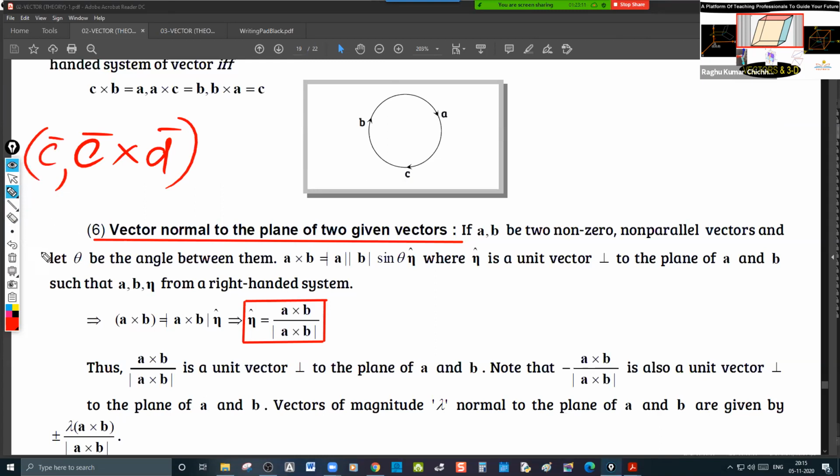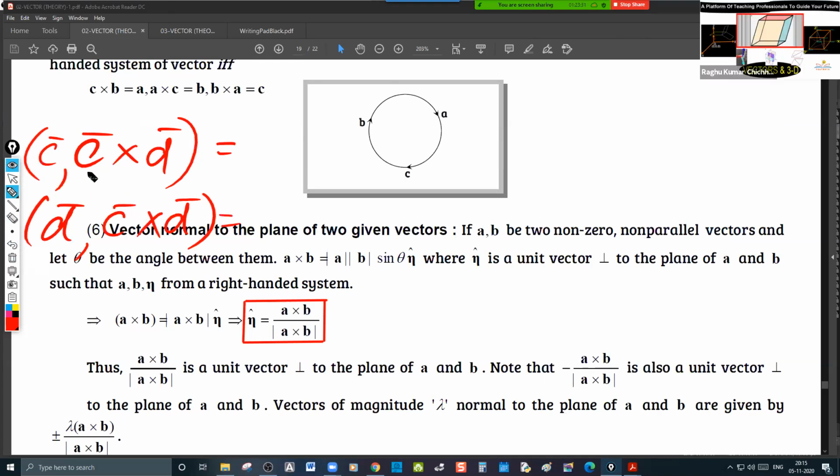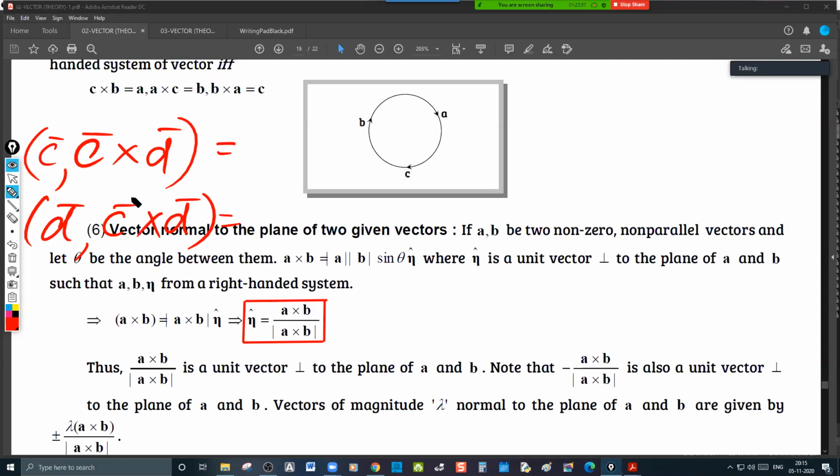Similarly, what is the angle between D bar, comma, C bar cross D bar? Any one of you can respond. Vector notation: the small brackets between two vectors denote the angle between them. Any one of you do tell me the angle between these two?